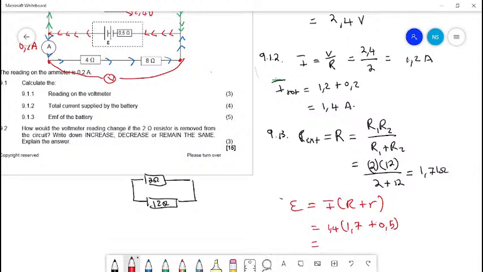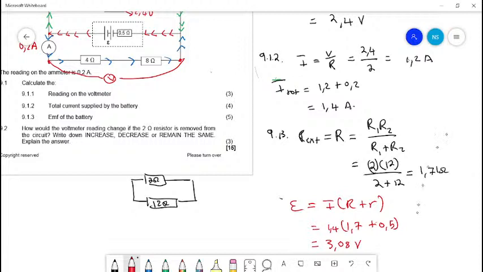So the EMF is 1.4 times 1.7 plus 0.5, which will give us an answer of 3.0808 volts. So that's how we calculate the EMF in this question.